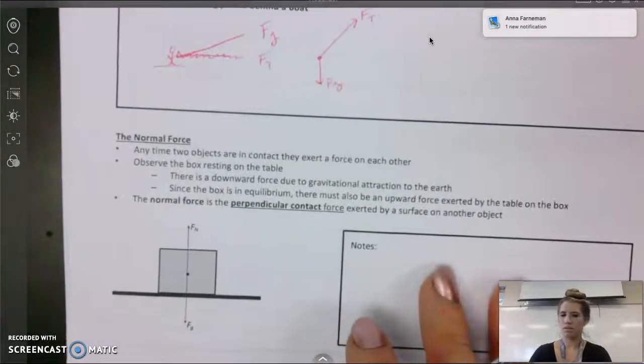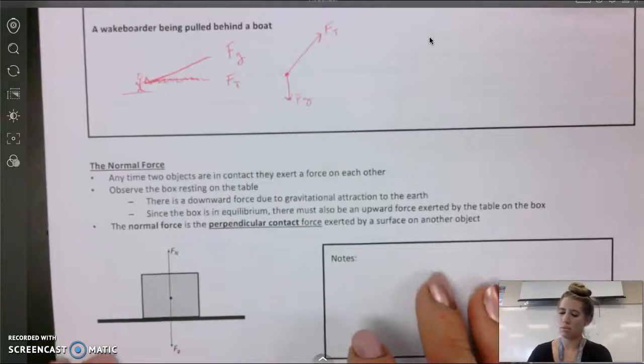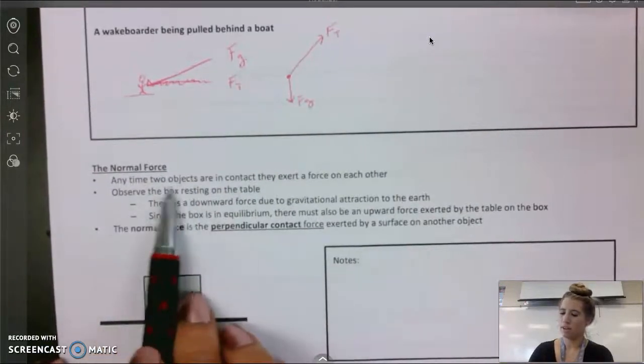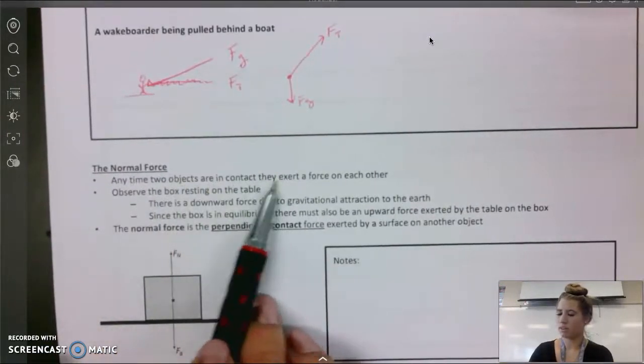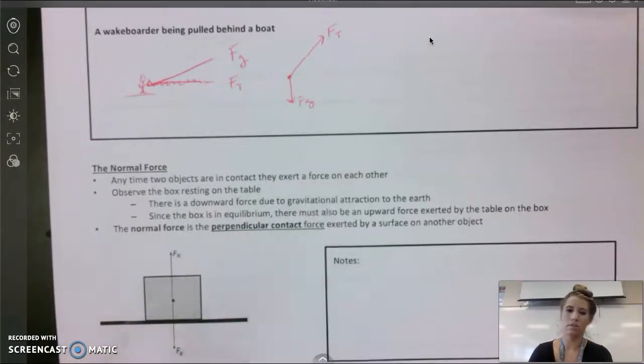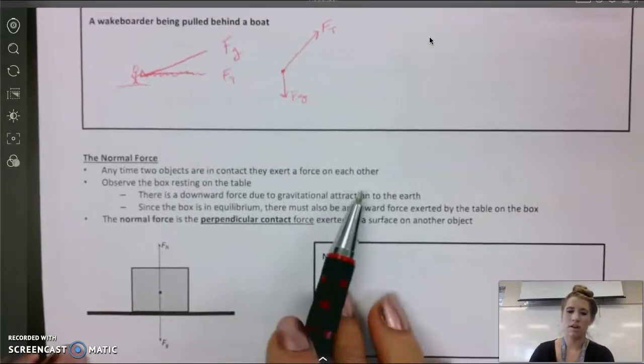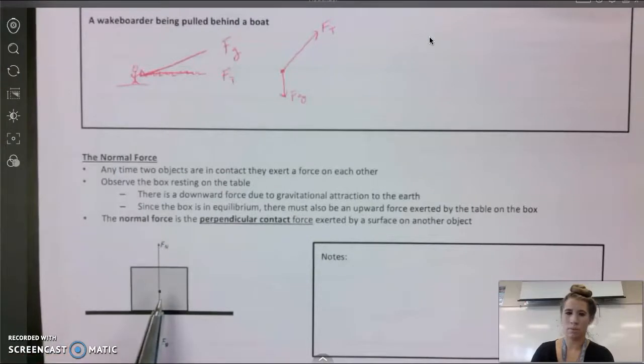Normal force. Let's go into more detail about normal force. Anytime objects are in contact, they exert a normal force on each other. So we have the box resting on a table. There's our downward force due to gravity, but because it's in equilibrium, its velocity is zero, or it's going at a constant velocity of zero.